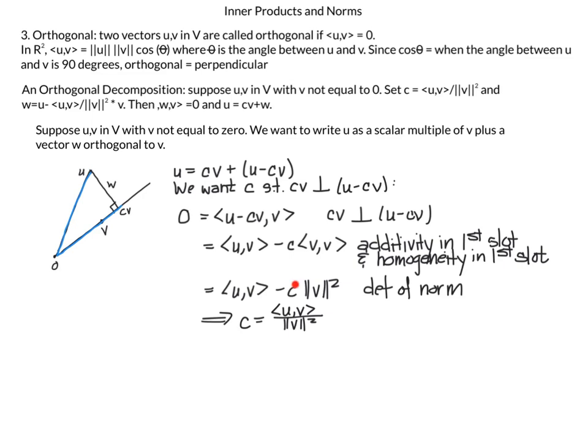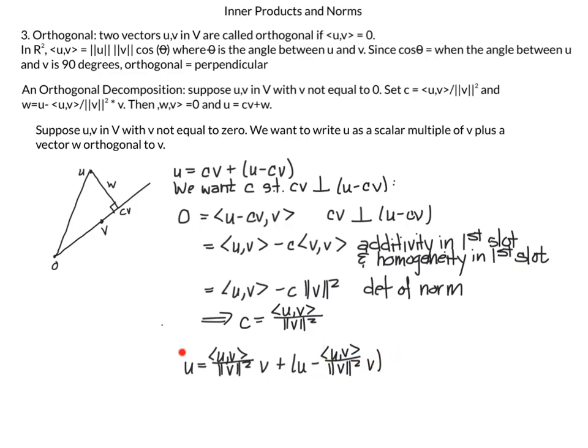So now we can rewrite c as equal to, moving c over to the other side and then dividing both sides by norm of v squared, we get c is equal to the inner product of u and v divided by norm of v squared. And now we can write out u is equal to plugging in c times v plus u minus, now we plug in again c times our vector v.